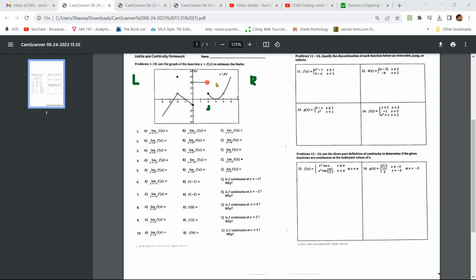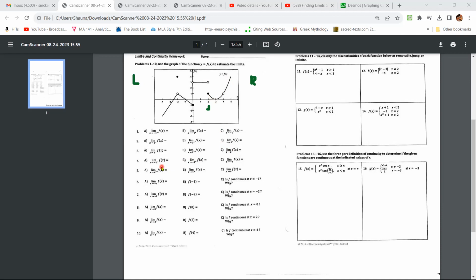What is the limit as x approaches 2 from the right? It's going to be 1. Correct. So that means that it's discontinuous at 2. That's correct. And so the limit as x approaches 2 of f of x, this limit doesn't exist either, does it? No. Good job.